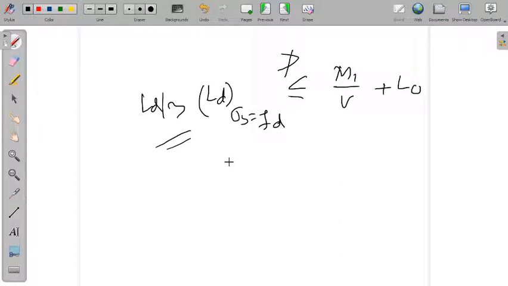Thus, at simple supports and at points of inflection, the positive moment tension reinforcement shall be limited to a diameter such that Ld computed for fd, that is sigma s equal to fd, does not exceed M1 upon V plus L0.